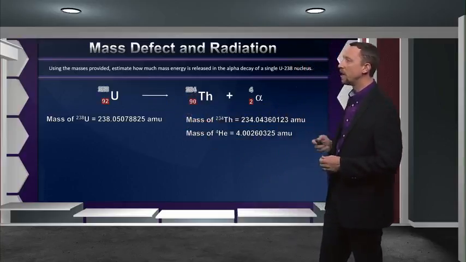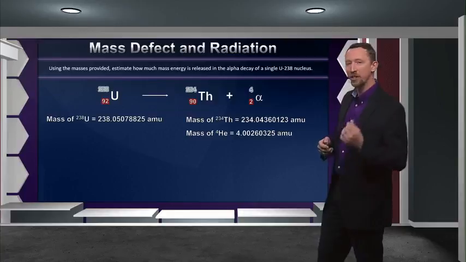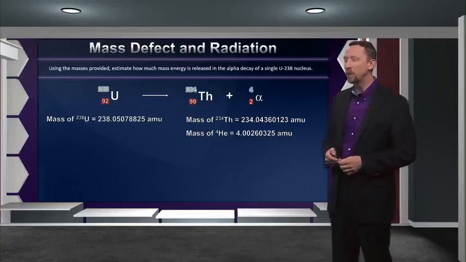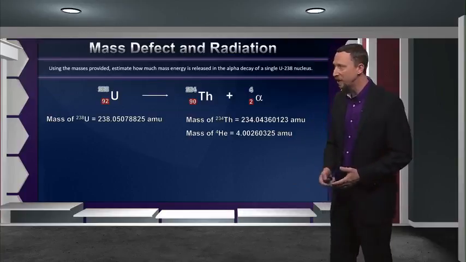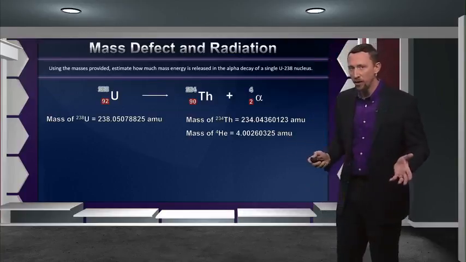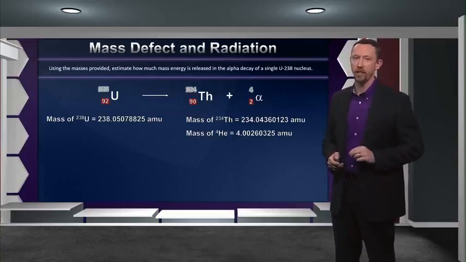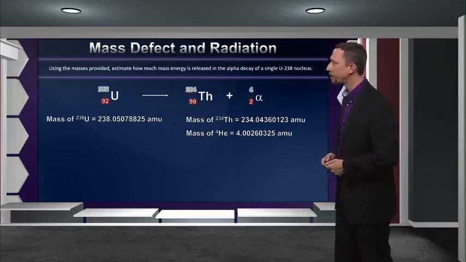Thorium is 234.04360123 atomic mass units, and helium is 4.00260325 atomic mass units. These are staggering resolutions, but we need them because we're dealing with such small changes in mass when it comes to mass defect.